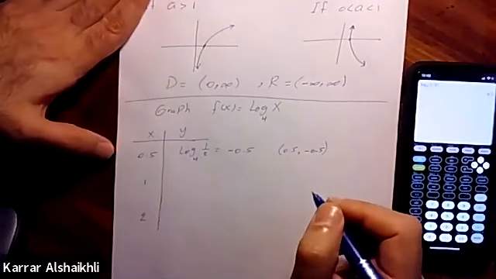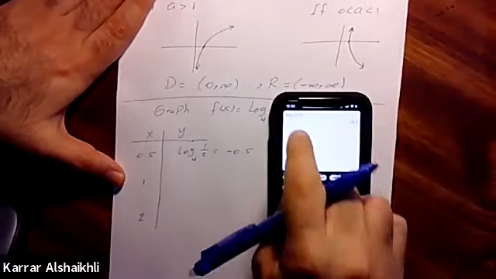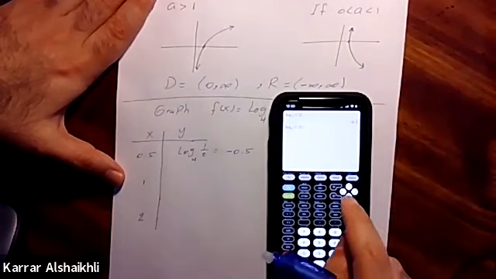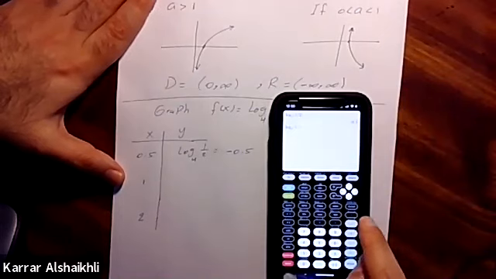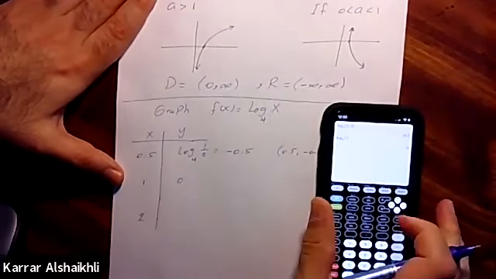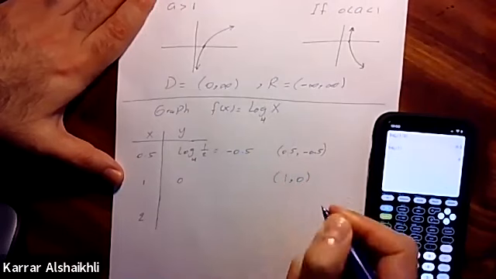This is the first point. Now let's plug in 1. It's the same function with the same base, but I'm going to plug in just 1. So the result is going to be 0. When it's 1, it's going to be 0. That means the point is going to be 1 and 0.